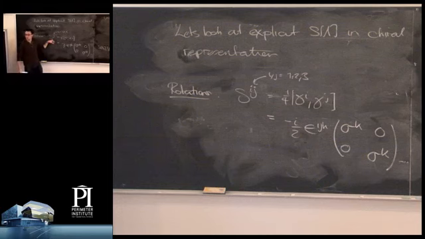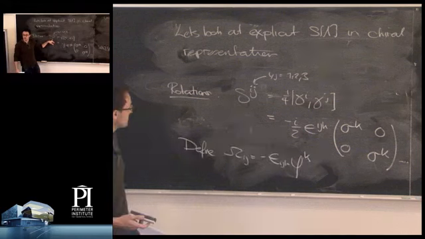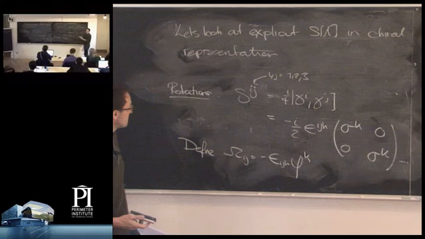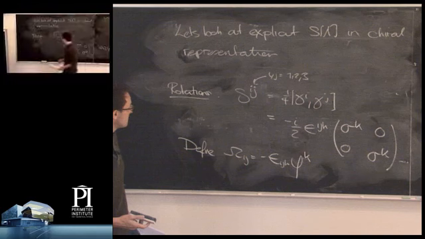Okay, so this is what the generators of rotations are in the spinor representation. Now we want to introduce some numbers which tell us how much of a rotation we're going to do. These are the numbers that say, rotate by 15 degrees and so on. Because there's an epsilon there, it's going to be useful to define these numbers also with an epsilon.